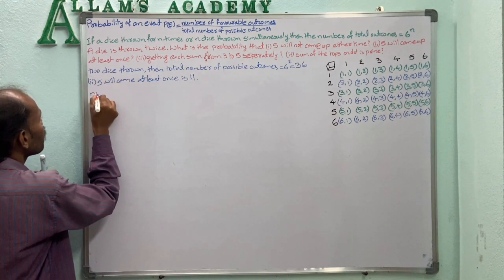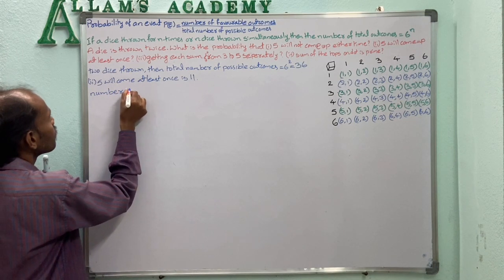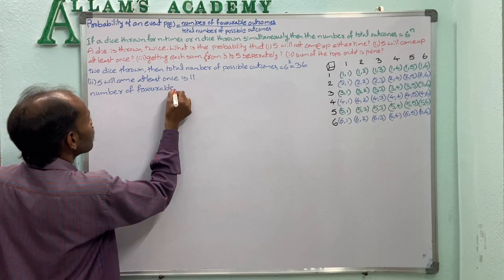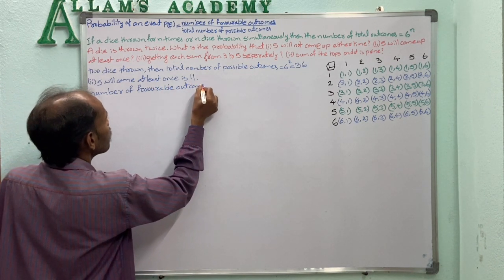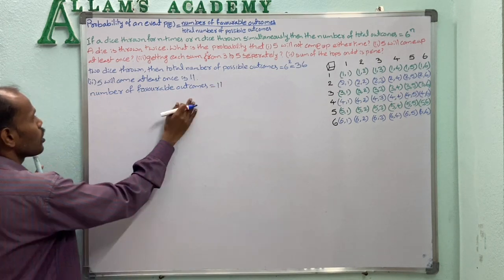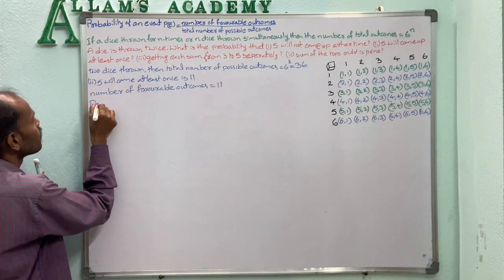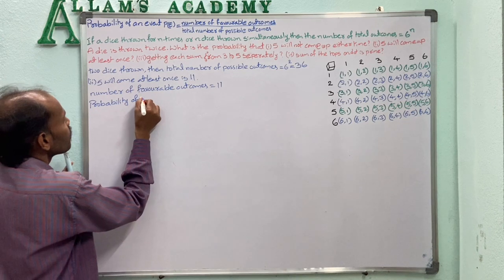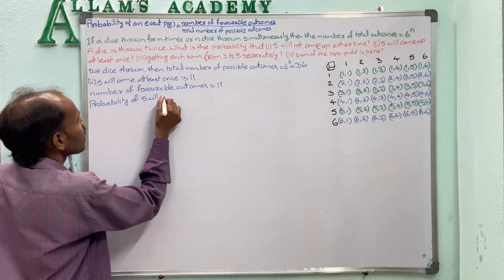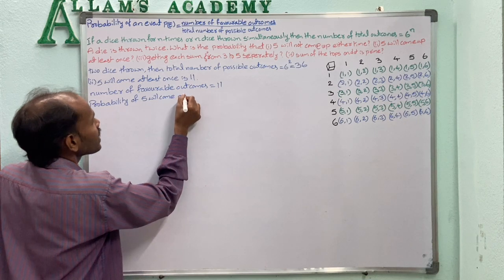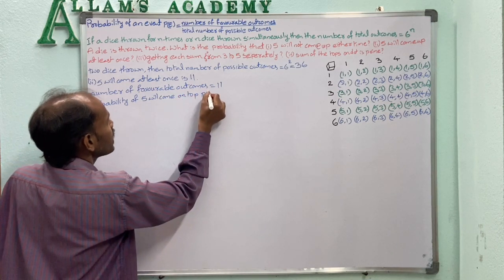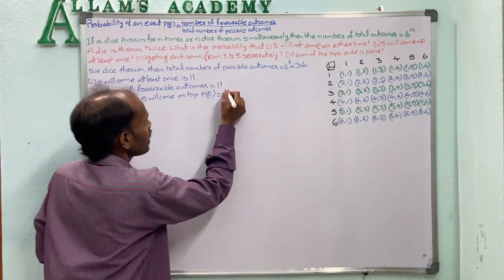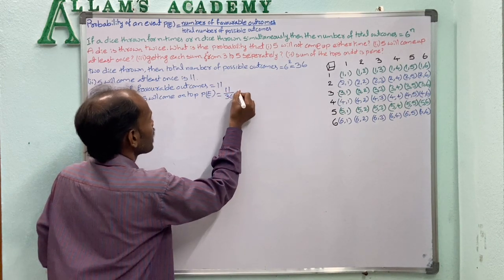So the probability that 5 will come on top, P of E, is equal to number of favorable outcomes by total number of possible outcomes, that is nothing but 11 by 36.